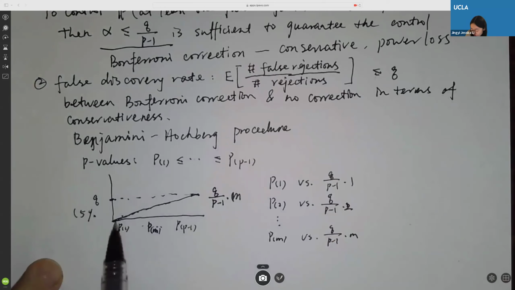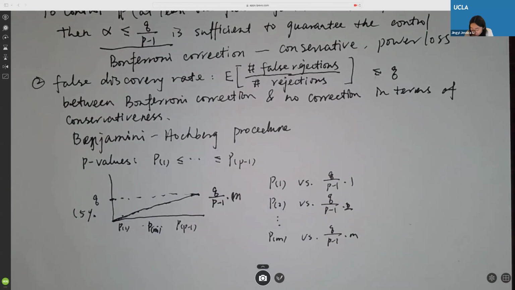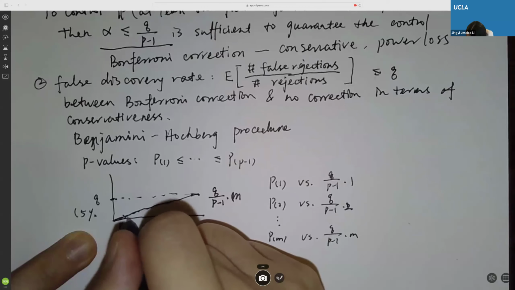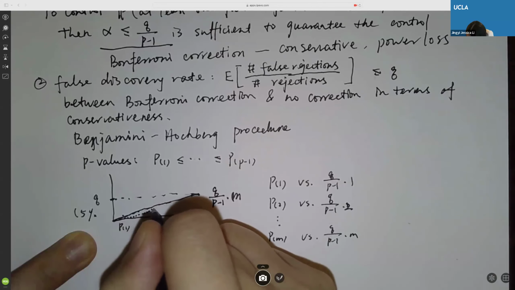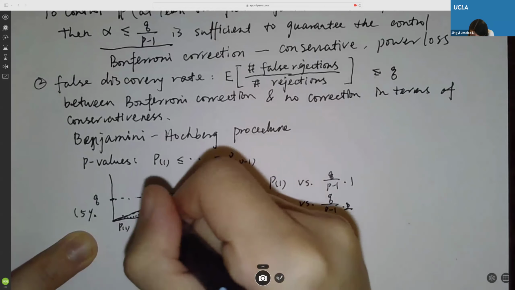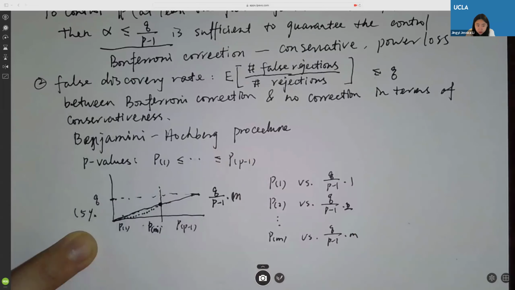That's why the line I'm drawing here is the changing threshold, and we will see where our p-values are located. We hope the p-value is below the line, and until the first time it reaches this line, we stop there, and we reject all the p-values before the threshold.